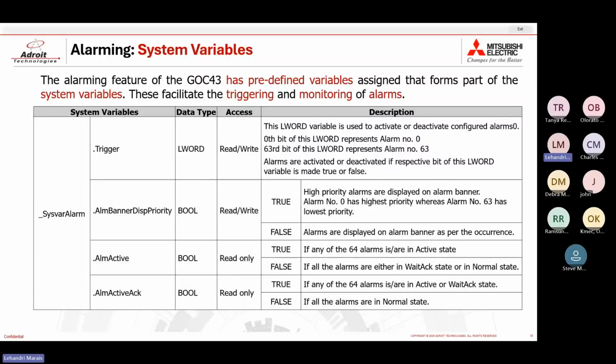The alarm active acknowledge system variable is true when any of the 64 alarms are either in your active or wait acknowledgement state, and is only false when all alarms are in the normal state. So these are the system variables assigned to the alarming feature of the GOC.